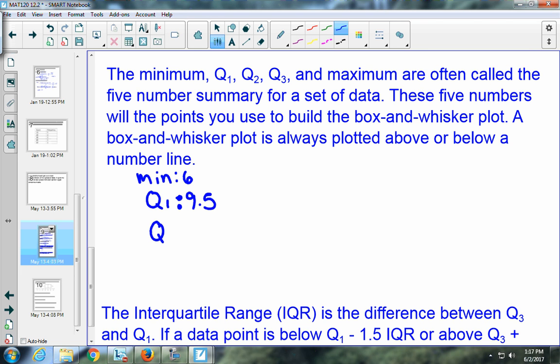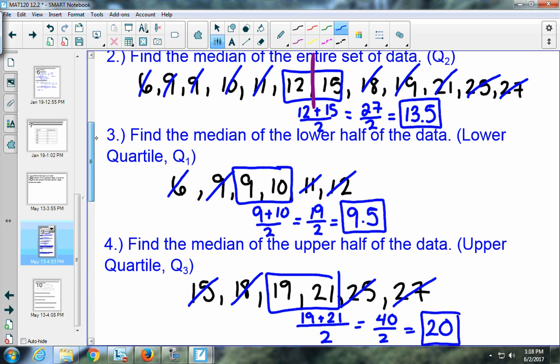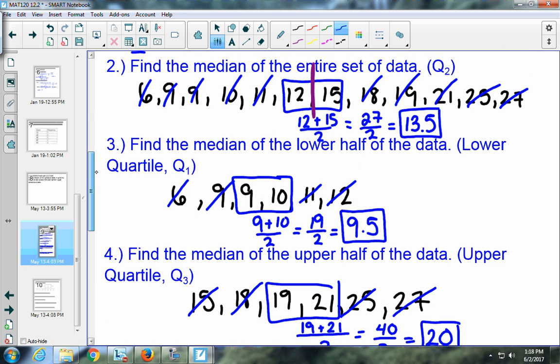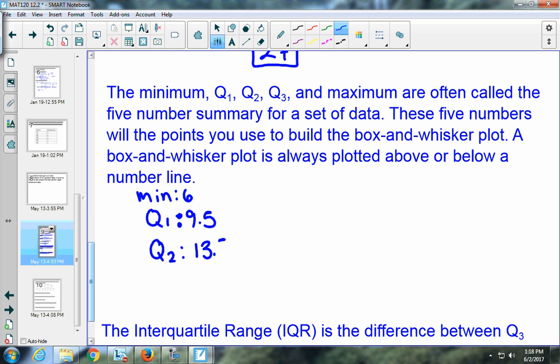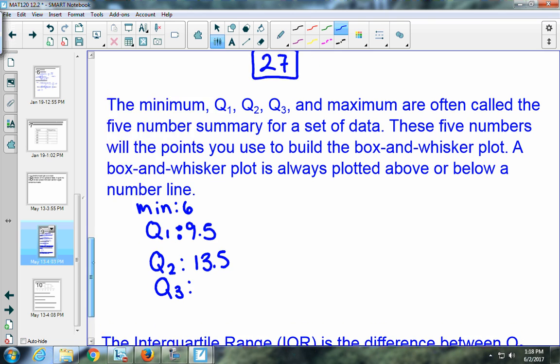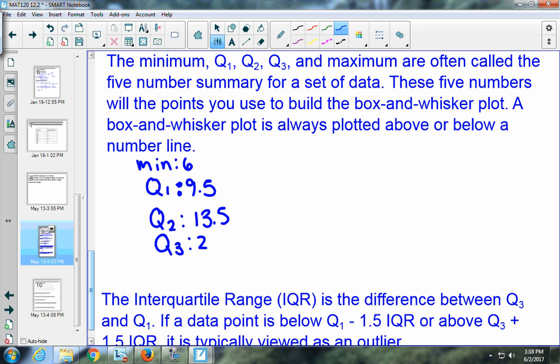Our median, or Q2, the first number that we calculated, was 13.5. Our upper quartile, or Q3, was 20, and our maximum was 27. We use these 5 numbers to make a box and whisker plot.